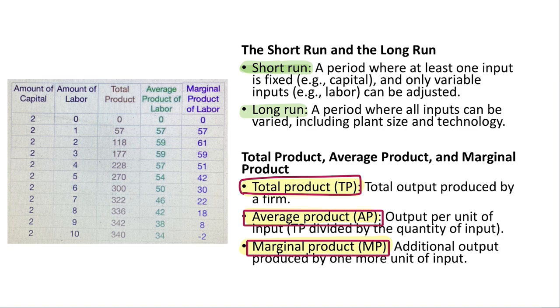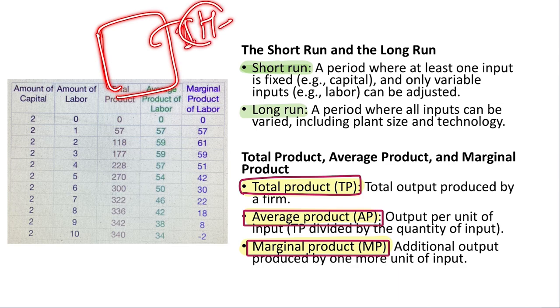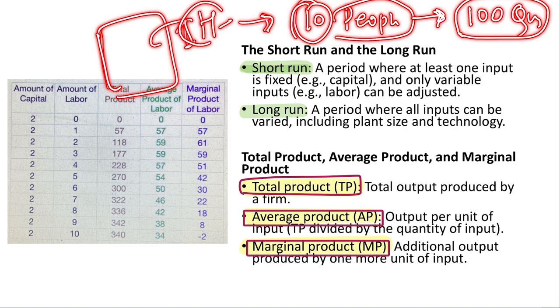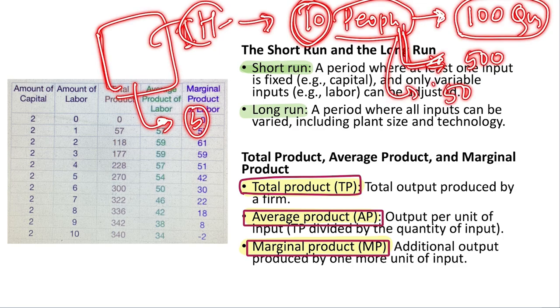Now what is the marginal product? Let me explain through this example. Suppose this is a farm, a 1 hectare farm, right? Initially you employ around 10 people in this farm, where your output is 100 quintal. Now you employ 5 more people, and you see the output has increased. 500 quintal would be a large output, so take, for example, that output increased by 50 quintal.